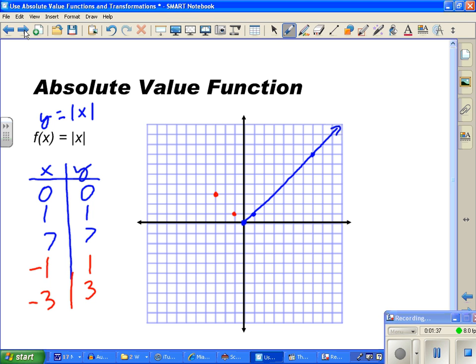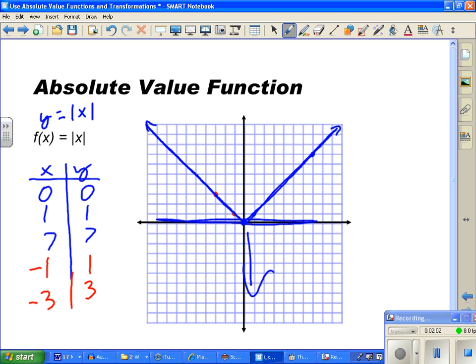And so the graph is going to look like this. It's going to be a V. And this should make sense because absolute values are never negative. So we should have nothing below 0. That's why we end up with a V-shaped graph.